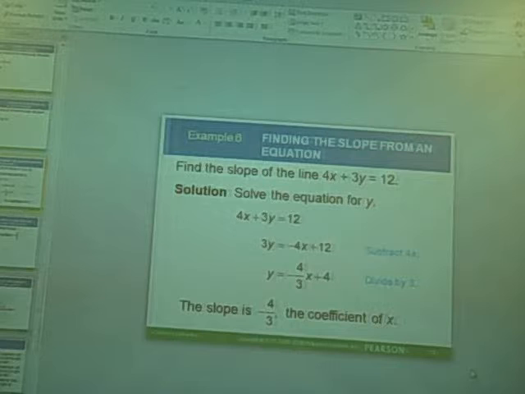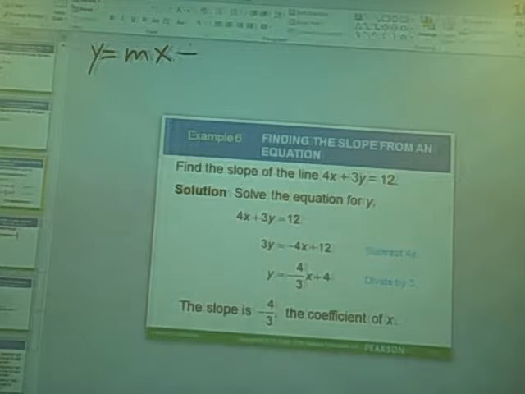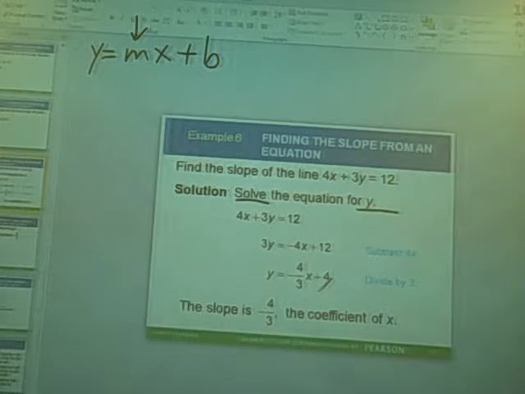Let's say we're given an equation here, and we want to find the slope. Basically, we're using y equals mx plus b, where the slope is the coefficient of x. Okay, so basically, what we want to do here is solve for y first. That's the first step.